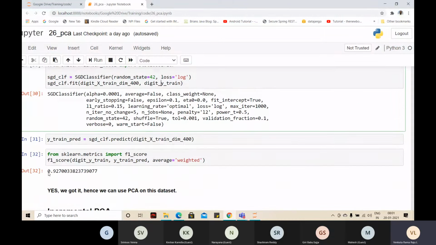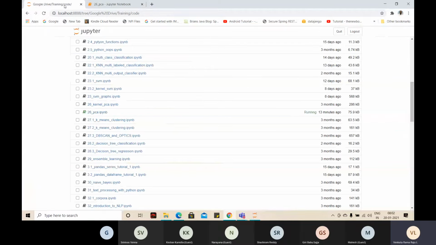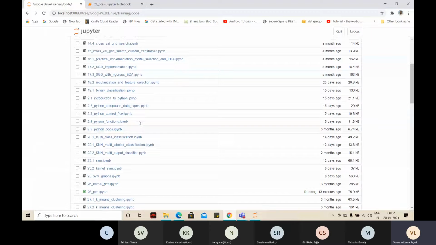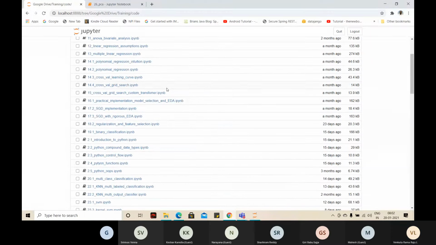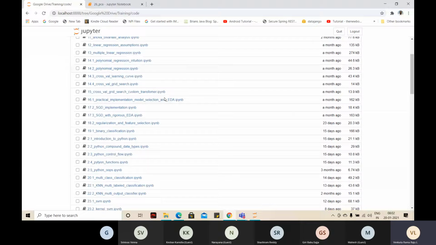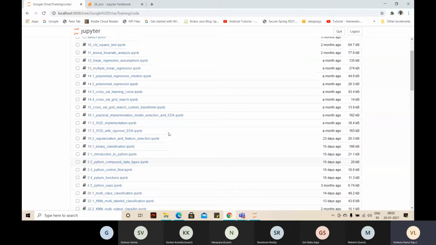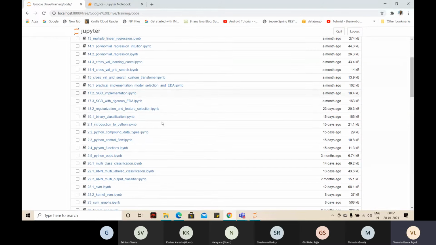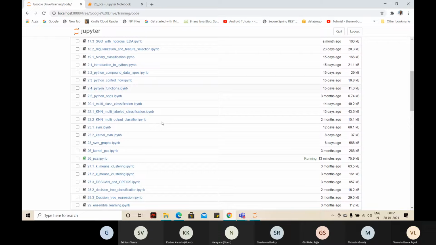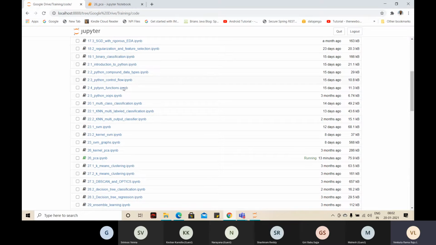On reduced data, when we built a model, I got 92% F1 score on the classification problem. So if we look at the original, binary class, yes, binary classification.